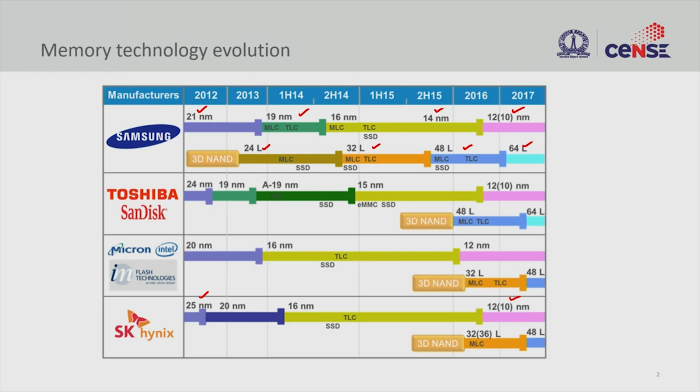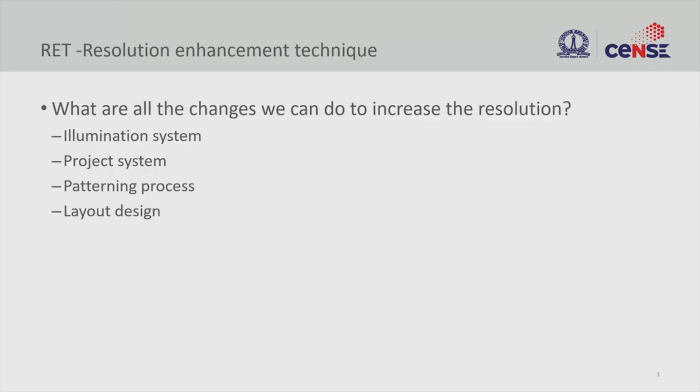But then how are we achieving all these enhancements? Let's look at it objectively. The places where you could make a difference in resolution enhancement are the illumination system itself, the light source and the illuminating optics. Then the projection system: that is illuminating, and then you are capturing the scattered light from the mask, so is there something we can do there?